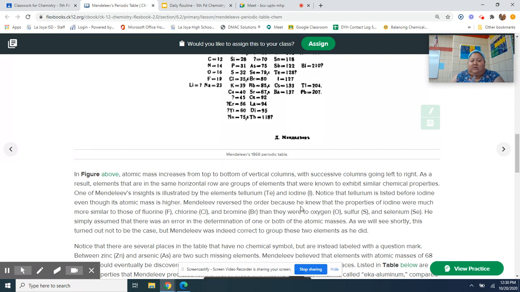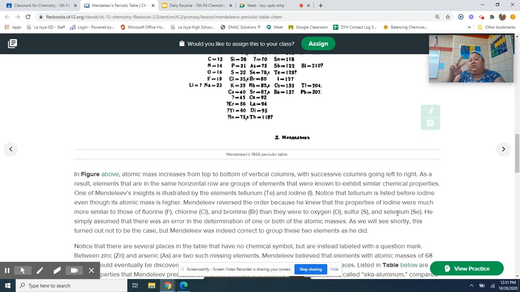Mendeleev reversed the order because he knew the chemical properties, the way it acts, of iodine were a lot more similar to fluorine, chlorine, and bromine than to oxygen, sulfur, and selenium. So it was all about those chemical properties.